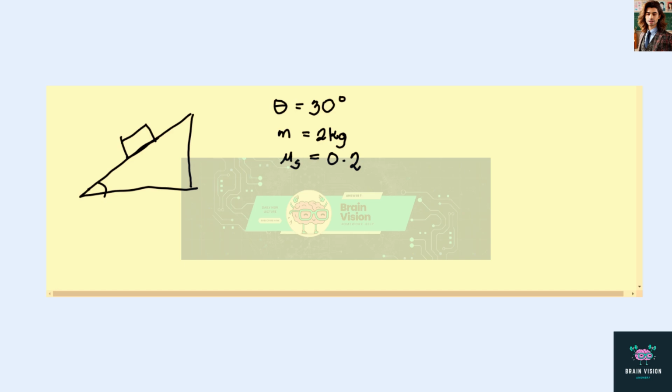Now let's start drawing the free body diagram to visualize the forces acting on this system. First, the weight, the normal force, the static friction force, and now the applied force, which points here since it's applied horizontally.